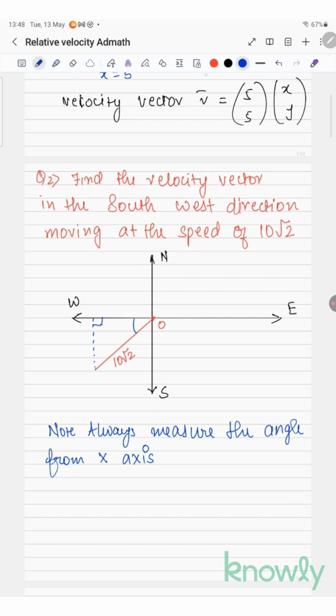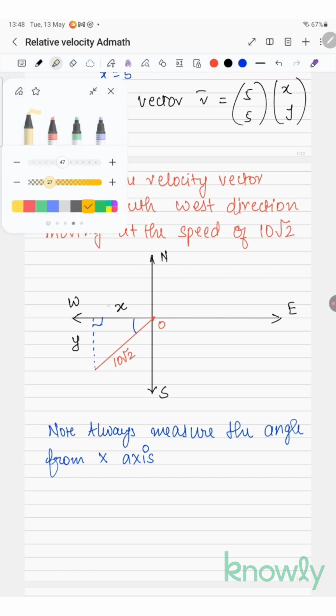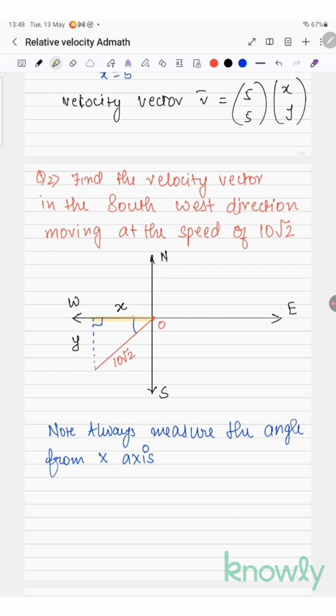So now this is the y value and this is the x value, isn't it? But if you have a closer look over here, this guy is on the negative side. This x value is on the negative side. So I'll say this is negative x, and if you have a closer look over here also, this y value is on the negative side.